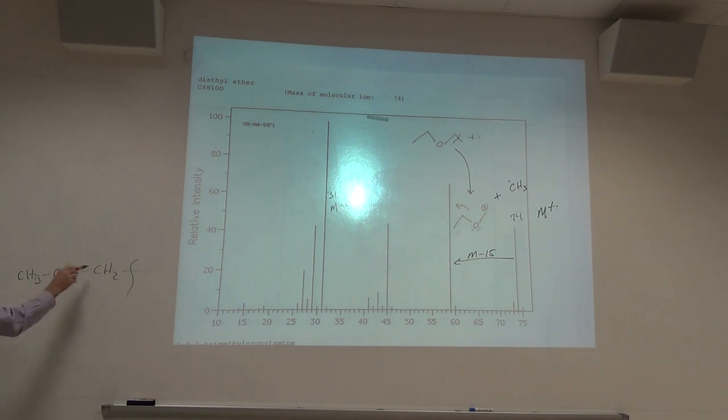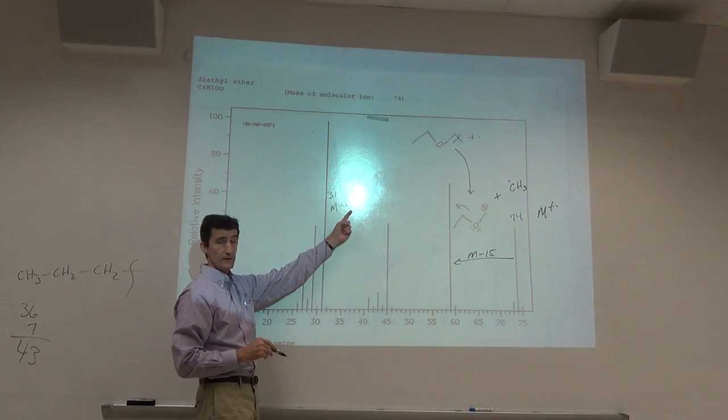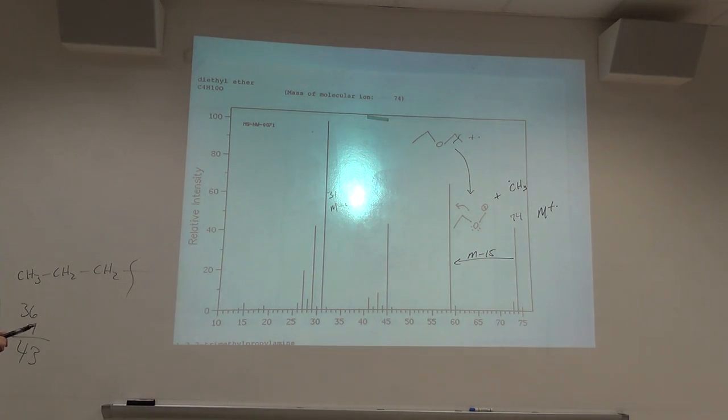That would be 12 times 3 is what? 36. 2, 4 is 7. What do we get? What's a propyl? 43. It's like it lost 43. Hold on now. How could that molecule lose a propyl? That molecule doesn't even have 3 carbons bonded together sequentially.